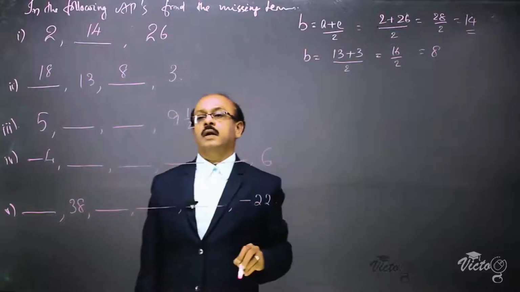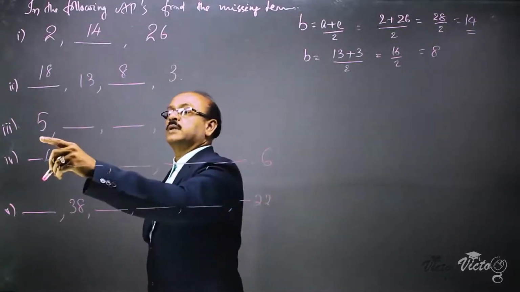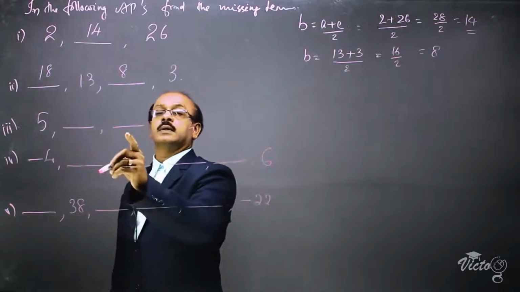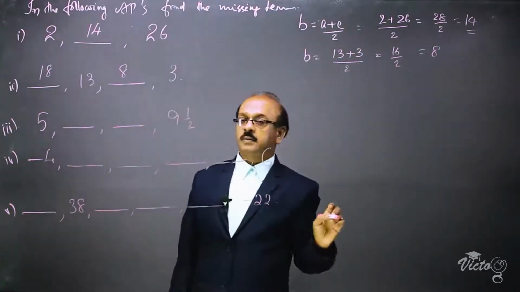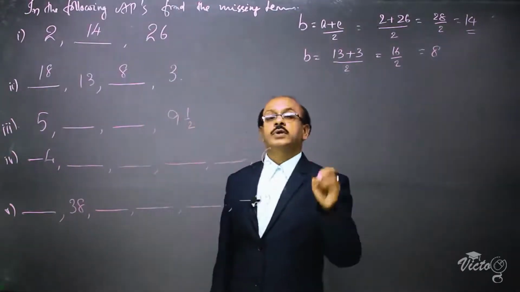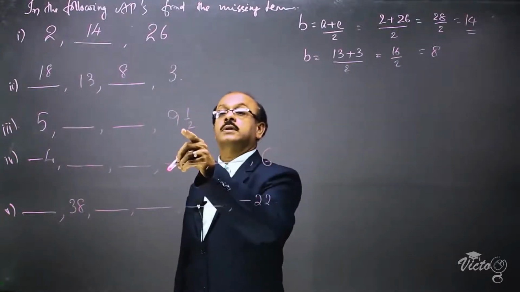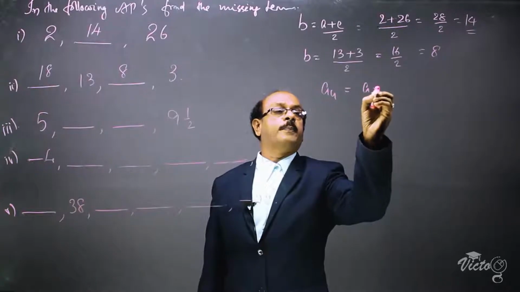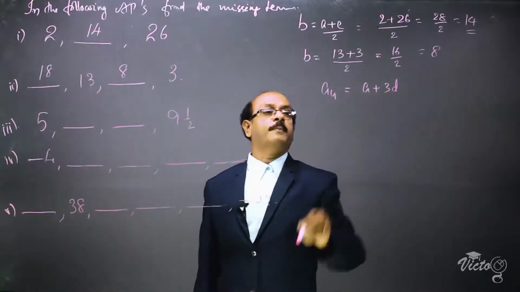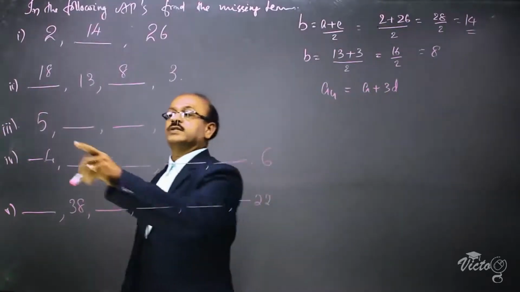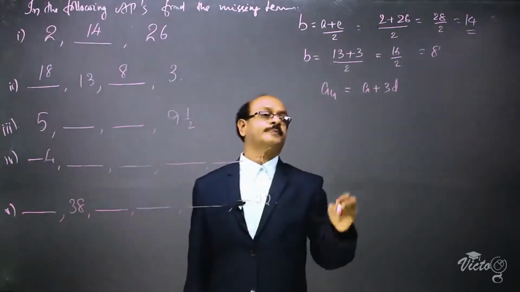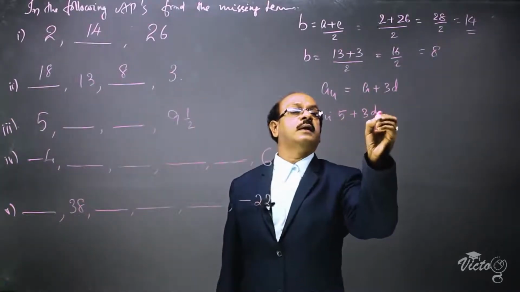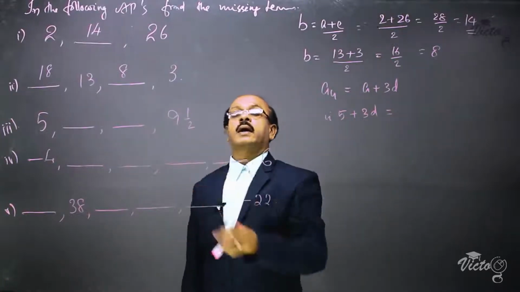In the third question, we know the first term and the fourth term; the second and third terms are missing. So we use the formula for the fourth term, A4 is equal to A plus 3D, where A is equal to 5. That is 5 plus 3D is equal to 9.5.